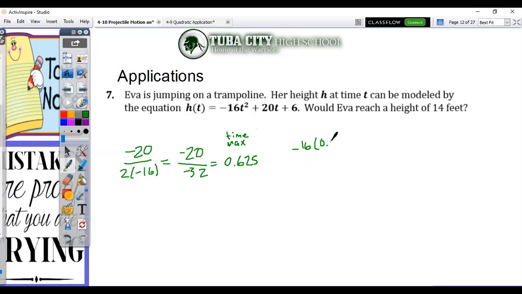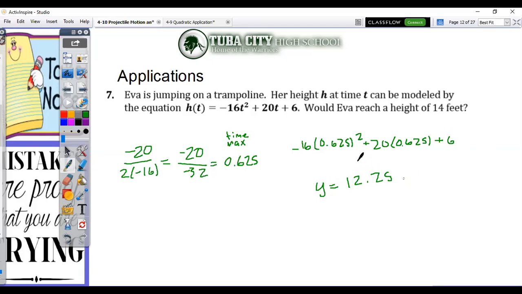So 0.625 squared plus 20 times the time. I'm basically asking, where was she at 0.625 seconds? So I'm going to plug this back in and work this one out.